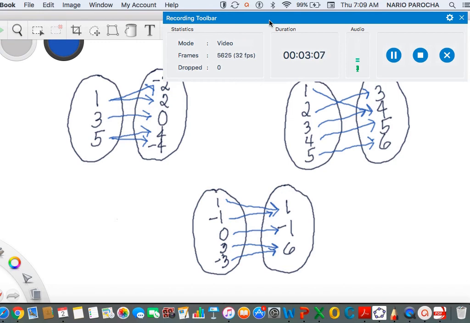What do you think? Is that a relation or is it a function? If you say it is a function, you are correct. So our lesson between relation and function is not difficult.